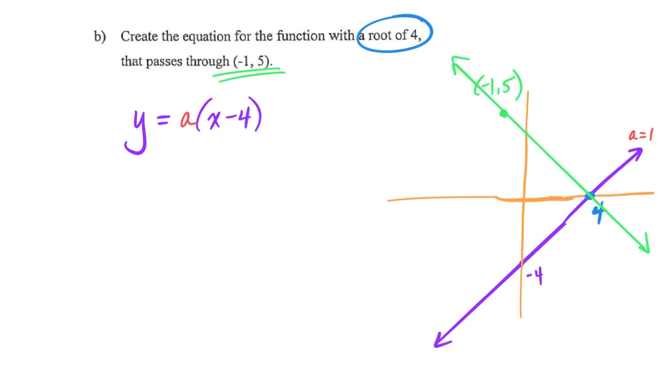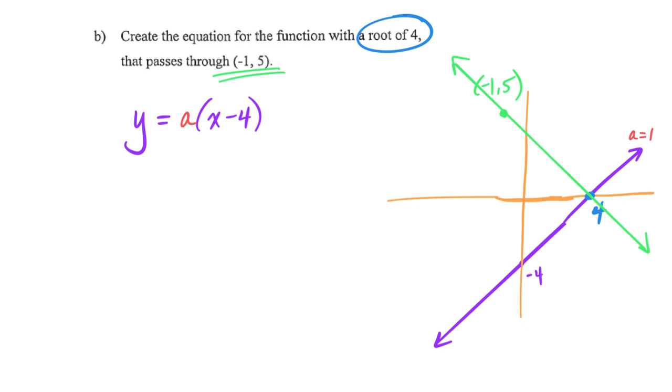Well, take a look back at my equation and take a look at that red value that we stuck out in front. That red value represents something that would vertically stretch our function. So what I need to do is change the shape of my graph. I'm not talking about changing it from being a line.